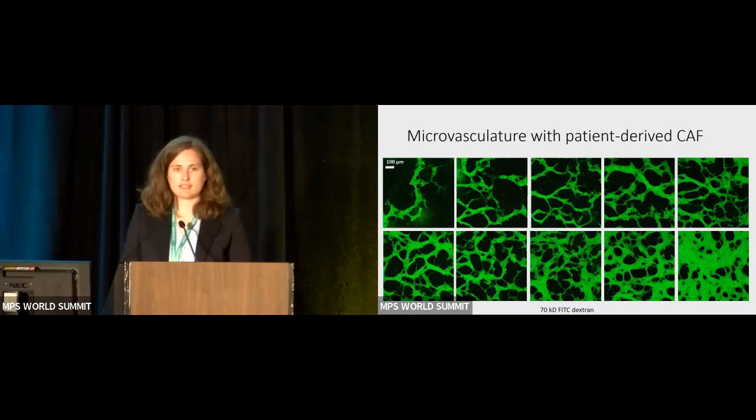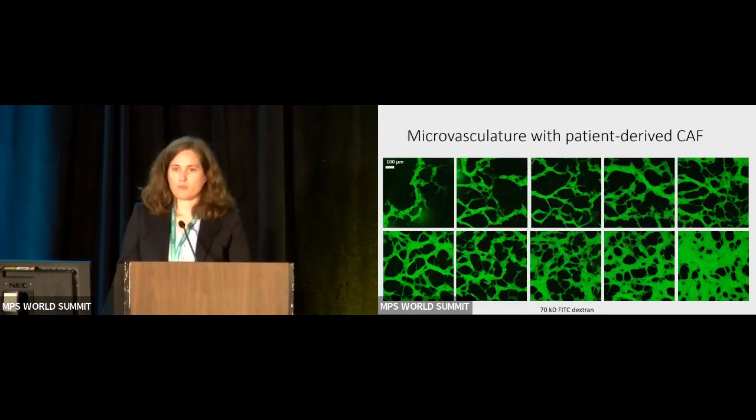In this case, these images are perfused with green fluorescent dextran, so you can see which segments of the microvasculature are perfusable. Right away, it was really obvious that there was a lot of variability from patient to patient. Everything was seeded in identical conditions and cell numbers, and we see really broad differences between patient to patient CAF and how they support the morphology and the generation of microvascular networks.